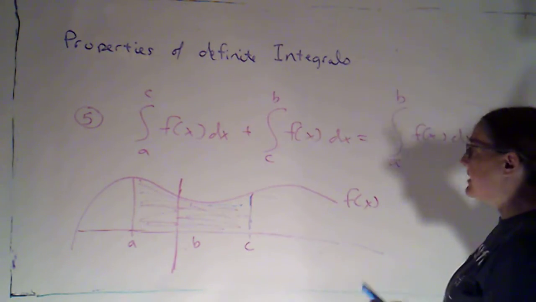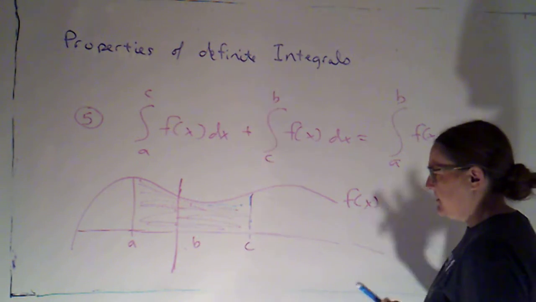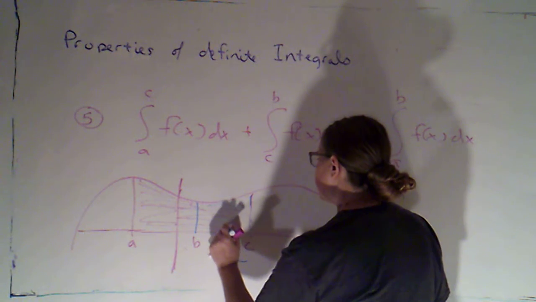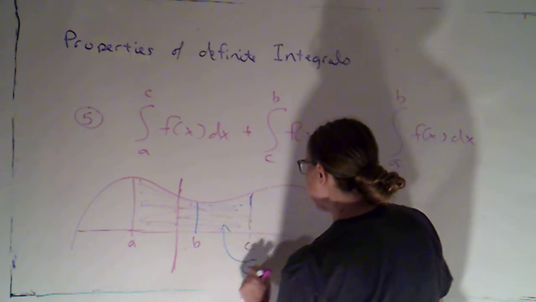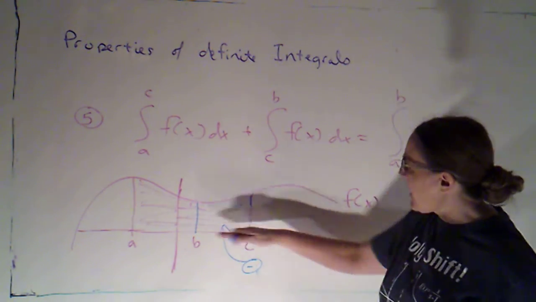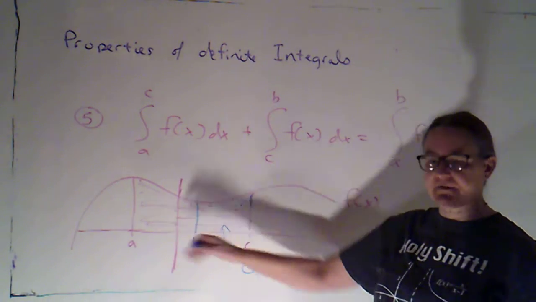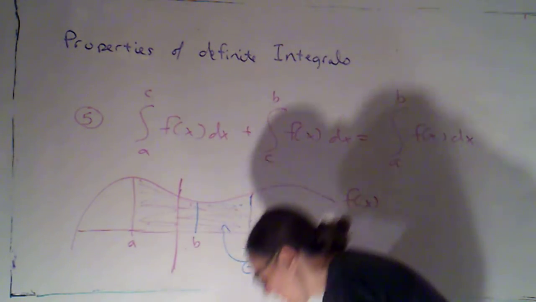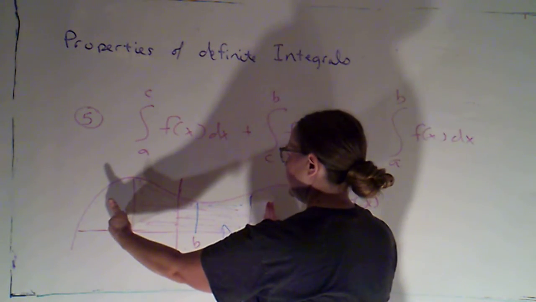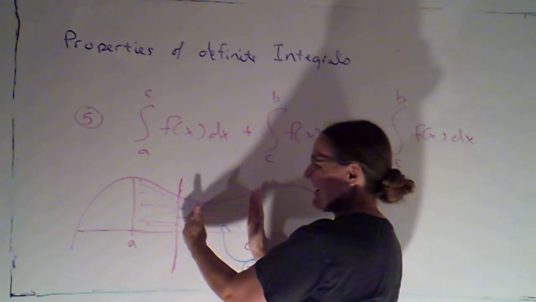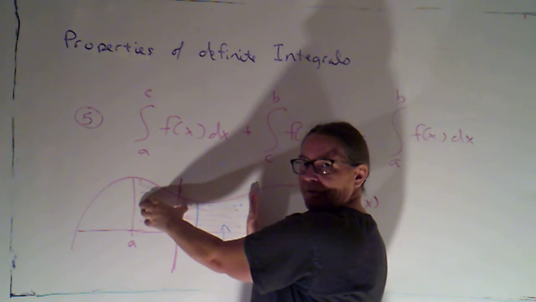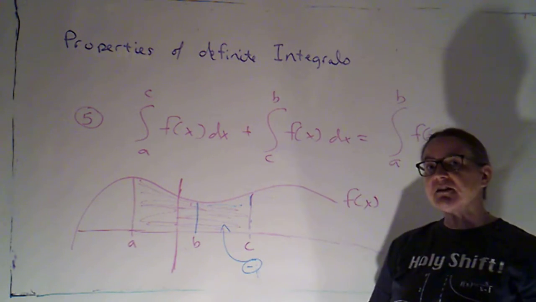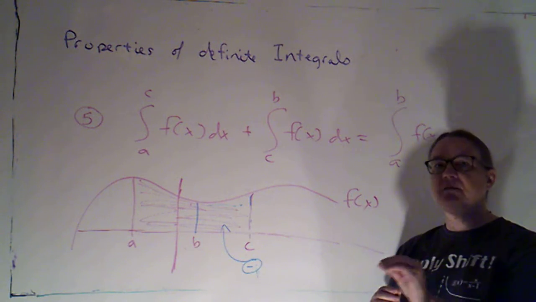The integral from C to B would be this area, but from B to C, now I would be counting that as negative because I'm going backwards. I'm going from right to left. And they're saying that's equal to the integral from A to B. Well, yeah. This whole area minus this area just gives me the left half. So this property is true regardless of the order in which you put A, B, and C.